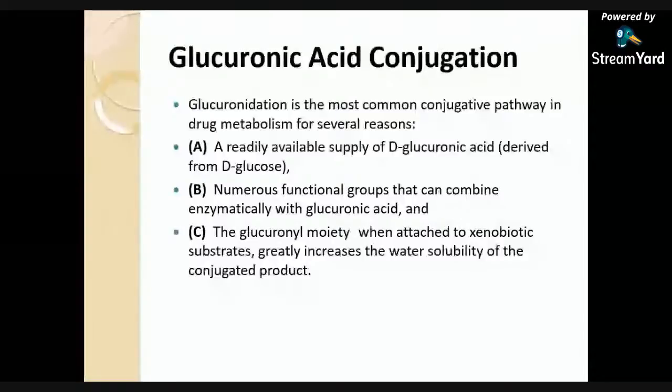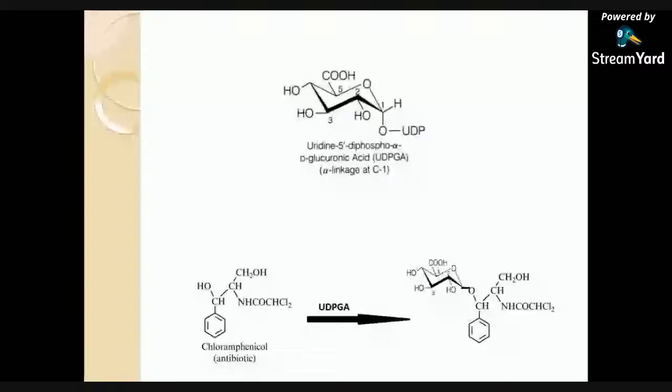Then B is the numerous functional groups that can combine enzymatically with glucuronic acid, and the glucuronyl moieties, when attached to the xenobiotic substrate, greatly increase the water solubility of the conjugated products. So you can see here the UDPGA, the intermediate for carrying out the reaction with chloramphenicol, which is an antibiotic, and after the reaction it gives chloramphenicol glucuronide.